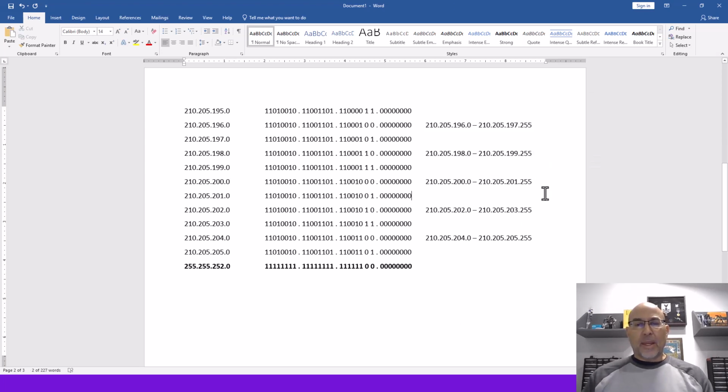Right? Now we're going to steal 2 bits. How many possibilities are in 2 bits? Well, there are 4. So now the spoiler is that we're going to aggregate or supernet 4 networks together. So now we're looking at the patterns and we go, oh, what are the patterns that I care about? There they all are.